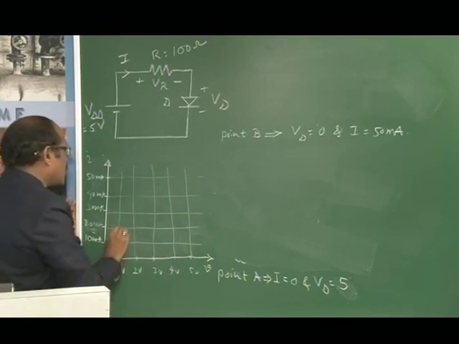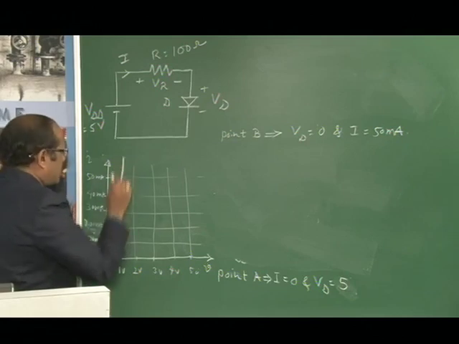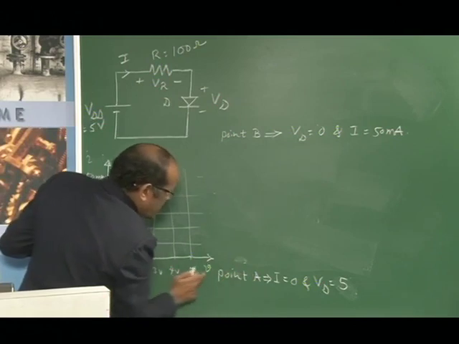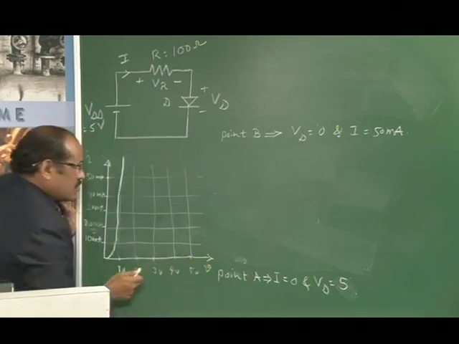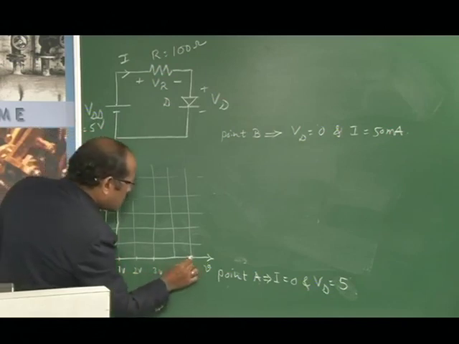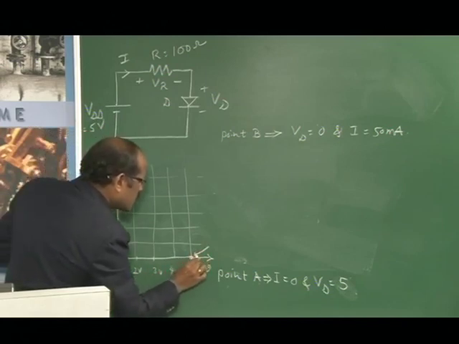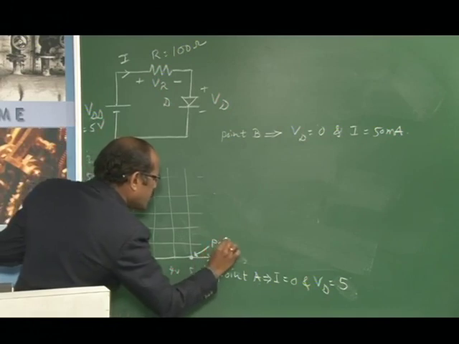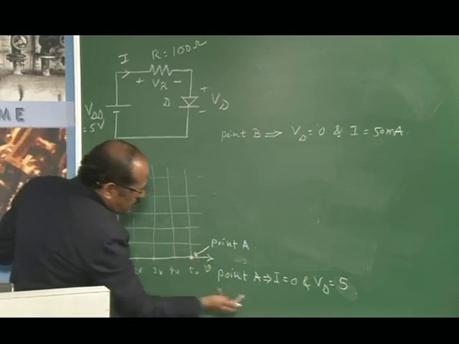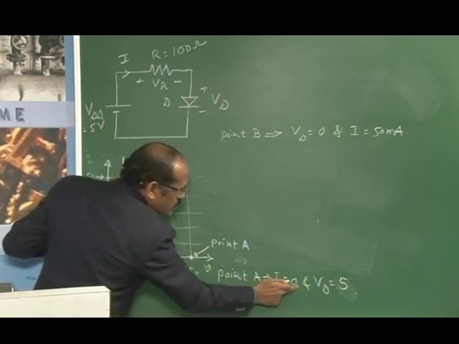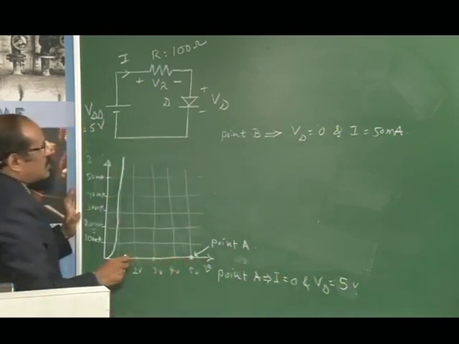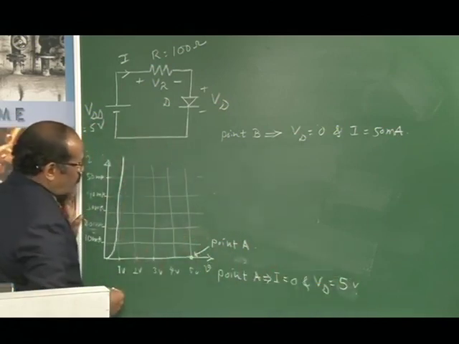This is the diode characteristics you are getting, and for the DC load line, point A is along the x axis. Therefore I is 0 and Vd is 5 volts, that is this point. This point we call point A. Point A represents the current I equal to 0 and Vd, the voltage drop across the diode, equal to 5 volts here.